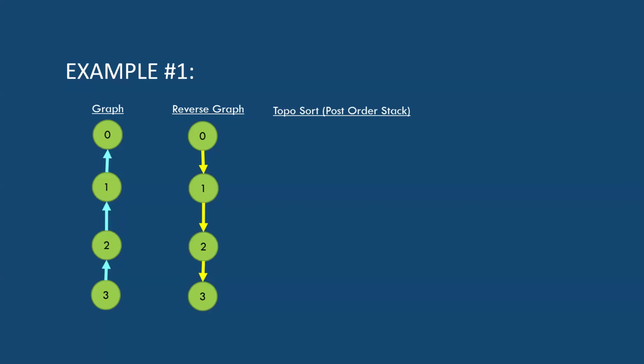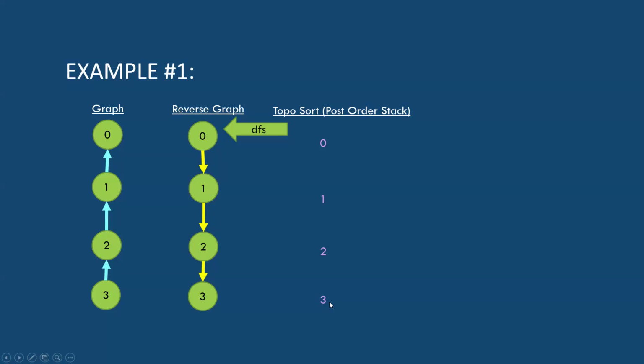So let's remember what that is. We just pick a place and we recurse as far as we can go. And then on the unwinding, we write down where we came from. So 3, then 2, then 1, then 0, okay? So that is our top-down reverse post order: 0, 1, 2, 3.